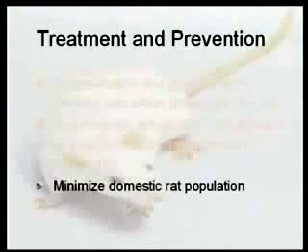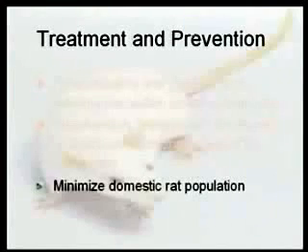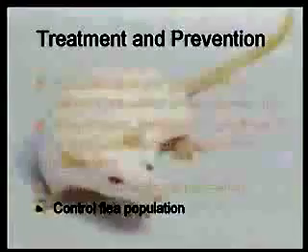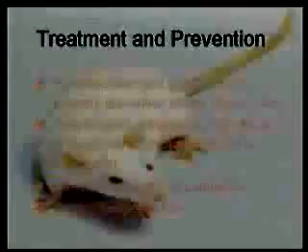Minimize the domestic rat population or other populations. Be careful with dogs, keep them away from fleas, or keep fleas away from them. Control of flea population. Those are the precautions.